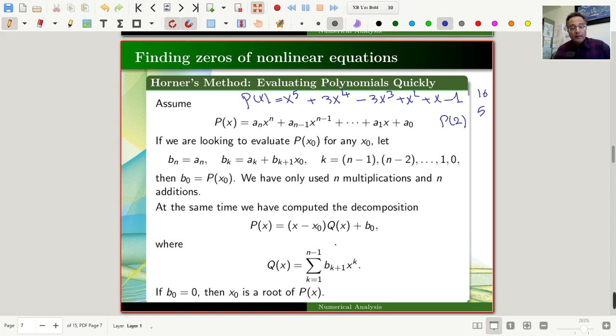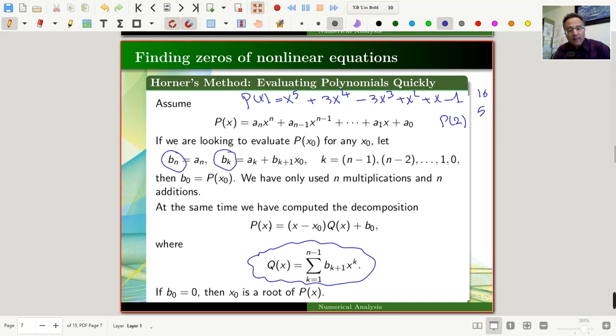If you do this, then at the same time we compute the decomposition p of x equal to x minus x0 times q of x plus b0, where q of x is a new polynomial whose coefficients have been constructed from these coefficients.